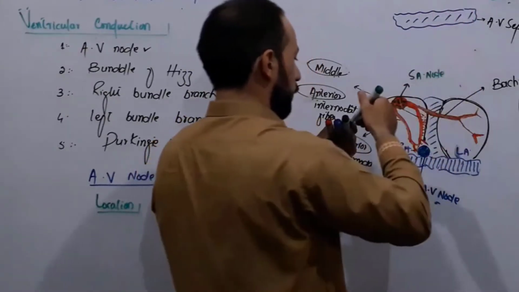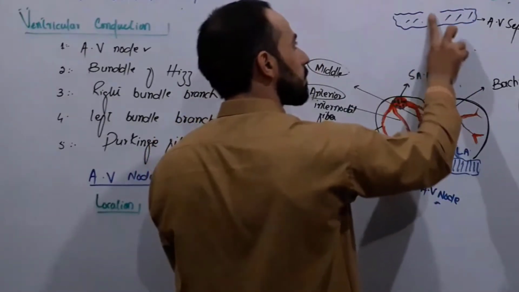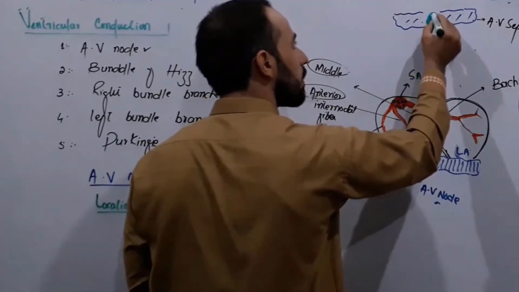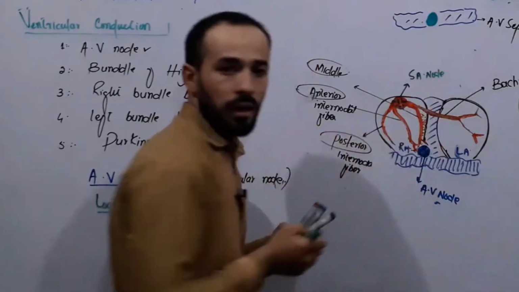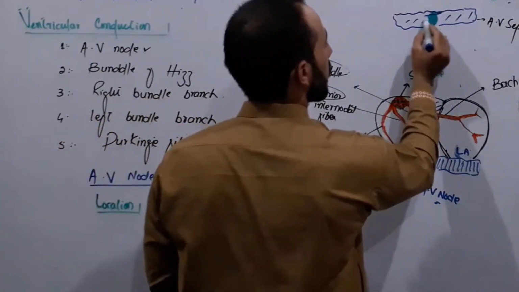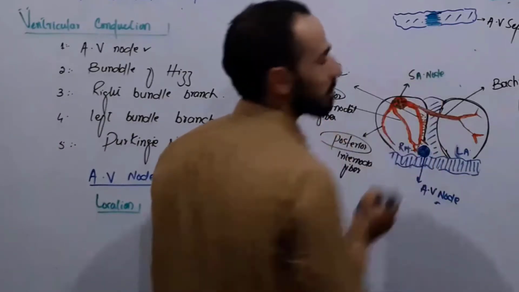So if I remove this part, here I will see the AV node. So this AV node is hidden by this septum.